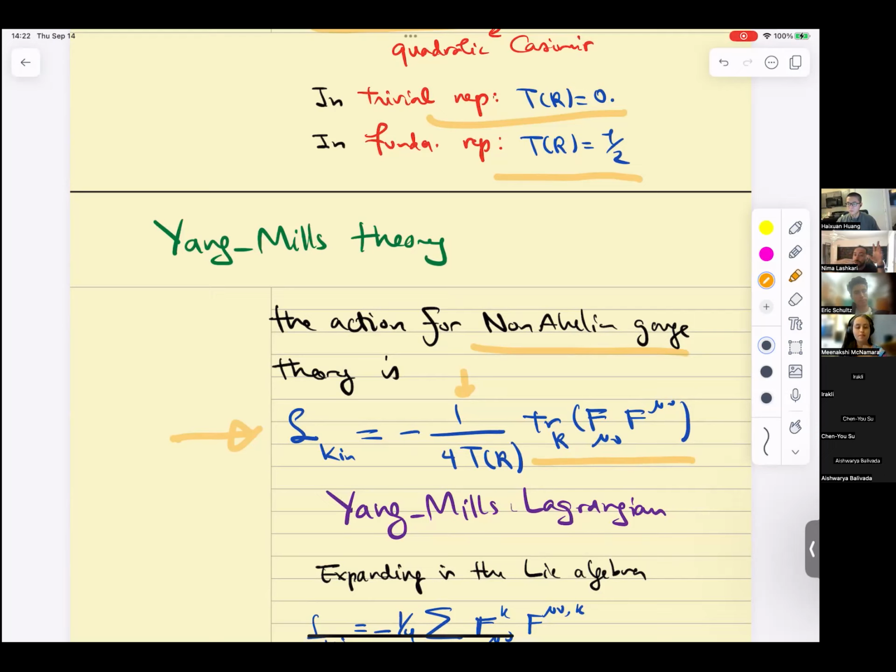The 2 cancels it here. Why did I normalize by 4 in the case of gauge theories? Because F mu nu is anti-symmetric. As you sum over mu and nu, you're doing it twice, right? Because 0 i and i 0 both appear. So this 2 is to cancel that 2. We already had a 2 originally. There's an extra factor of 2. Hence 1/4. Any other questions?